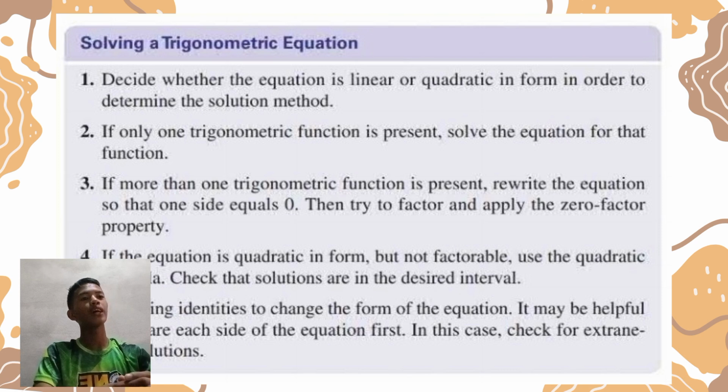Number three: if more than one trigonometric function is present, we write the equation so that one side is equal to 0. Then try to factor and apply the zero factor property. Next, if the equation is in quadratic form but not factorable, use the quadratic formula.